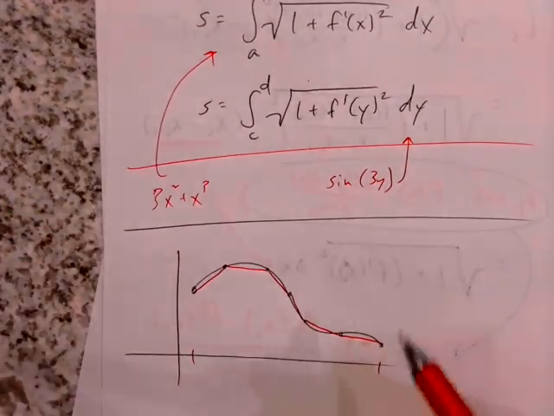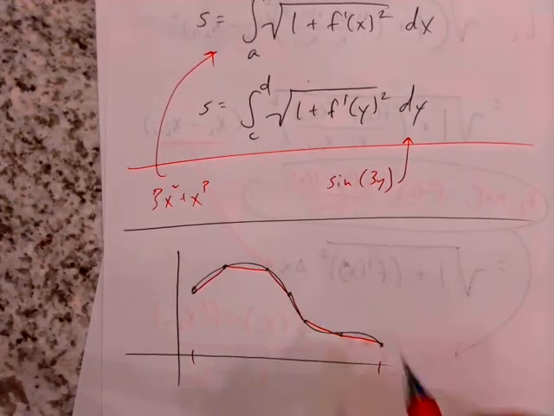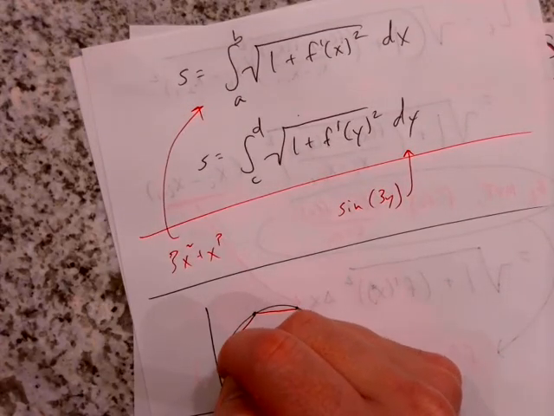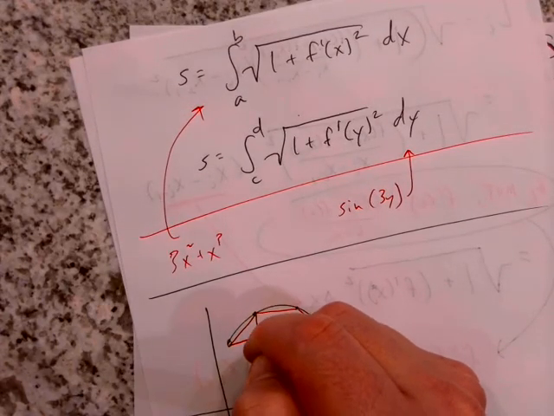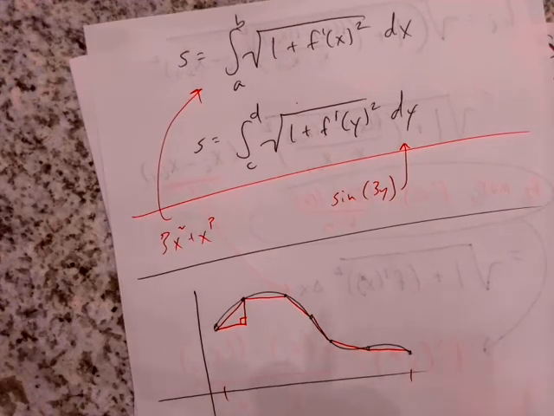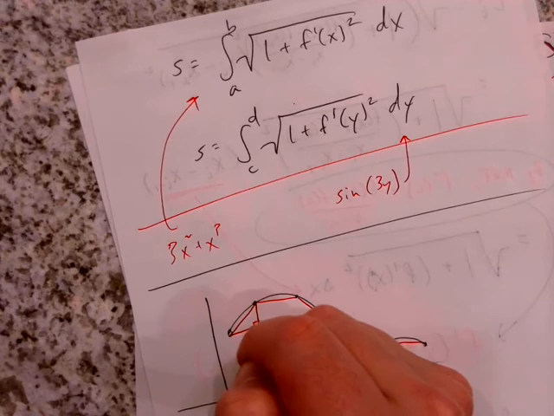As you get an infinite number of these points, you can think of each point pair as making a triangle that's insanely small. It's so small. So this is dx and that's dy.